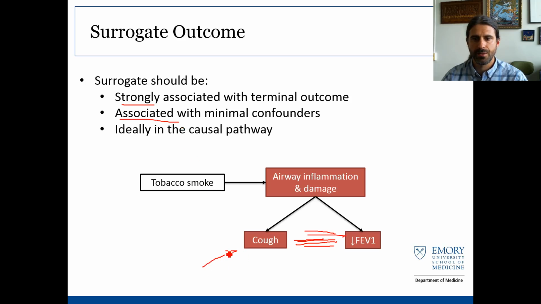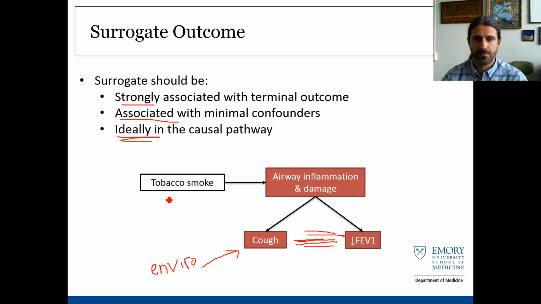So are there other things in this framework that cause cough, such as the environment, other things that would make this more of a confounding situation here? And then ideally, the association is actually inside or within the causal pathway. So what do I mean there?